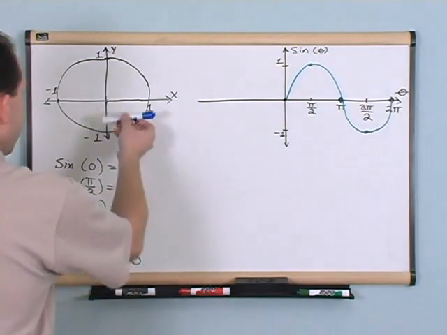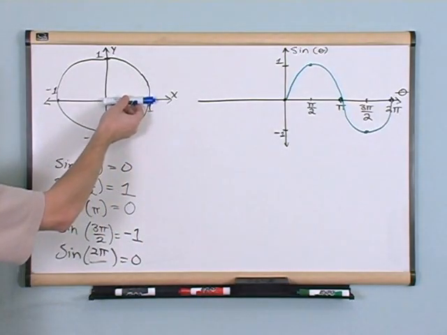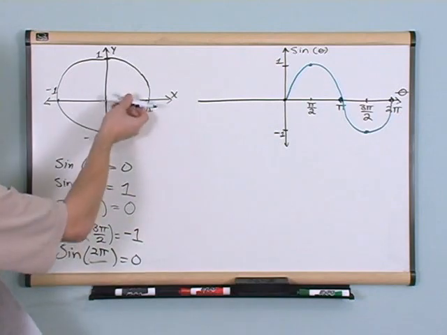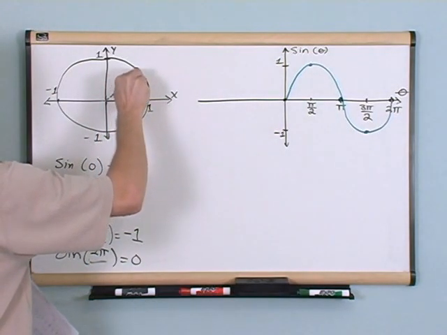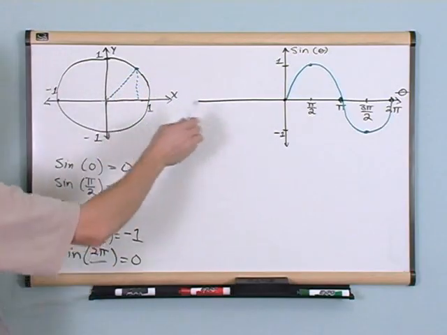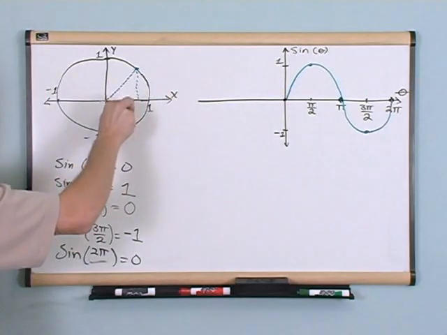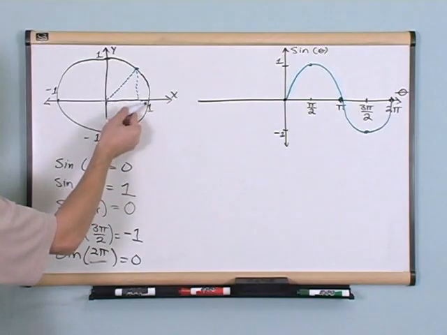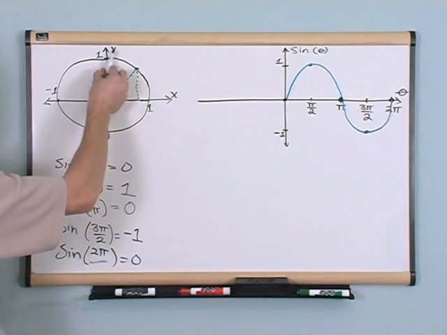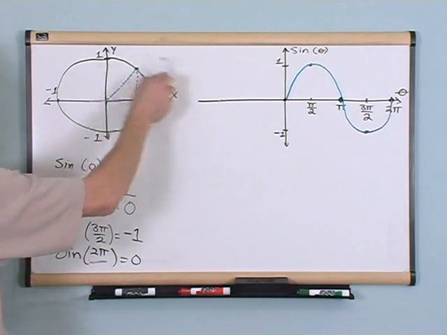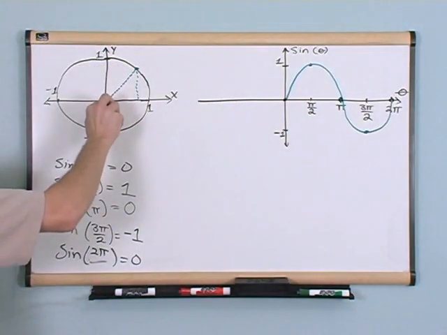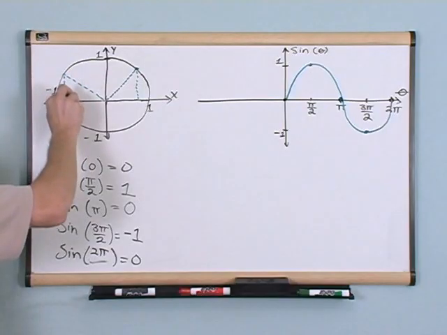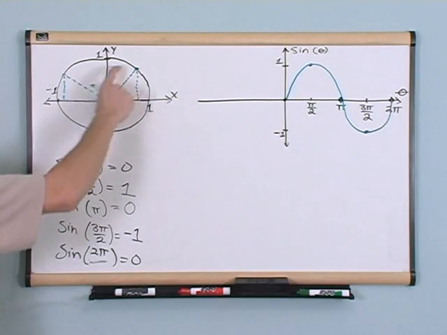Okay? At 0 degrees, it starts at 0. As you increase the angle, let's take an intermediate angle here. What we're looking for is this y component here of this triangle. Well, it gets bigger and bigger as you go up. Eventually it hits a maximum of 1 right here at pi over 2, and then it goes down, down, down because, for instance, over here, this y component is less than it was here.